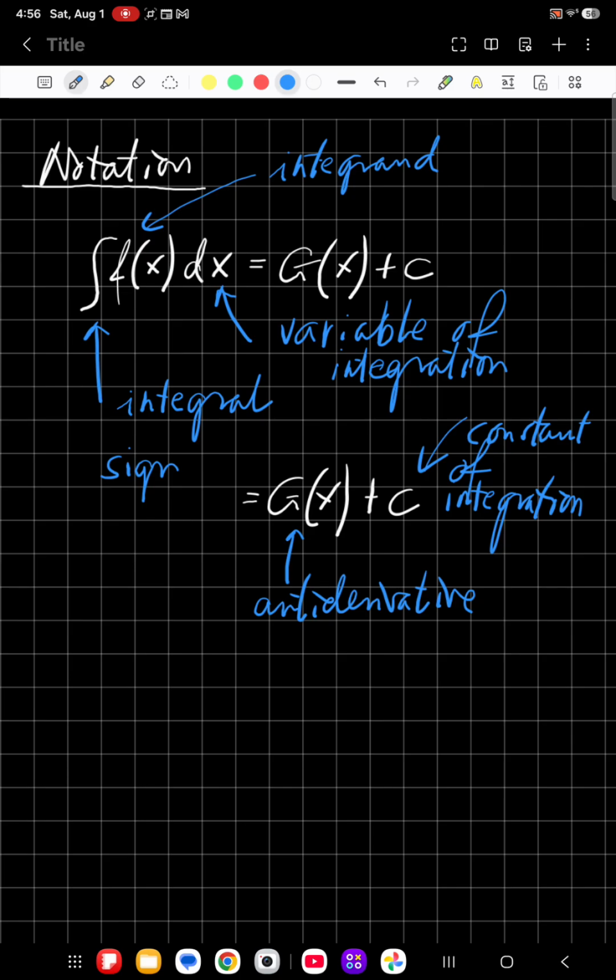Okay. Now basically we just do problems. There are some rules of integration that are inverse operations of taking a derivative, of differentiation, and I'll show them to you in a moment.